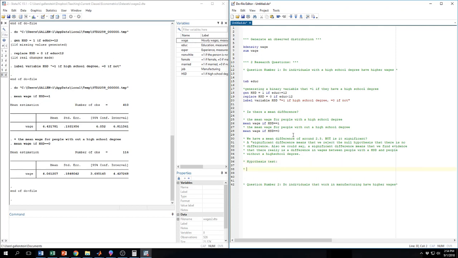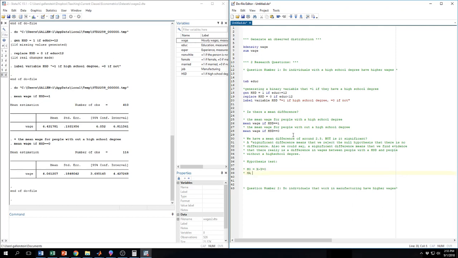What's our hypothesis? Our null hypothesis is that the mean for people with a high school degree minus the mean for people without a high school degree is equal to 0. That means there's no difference. That's our null.